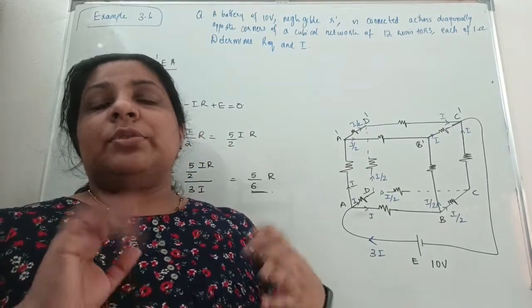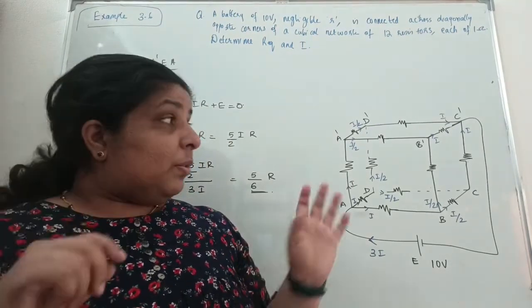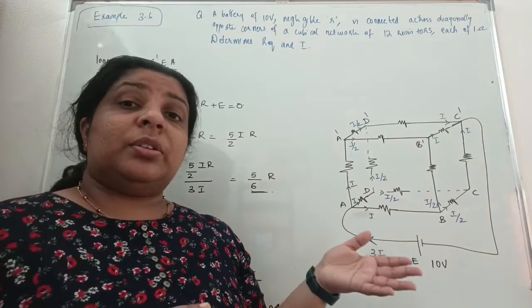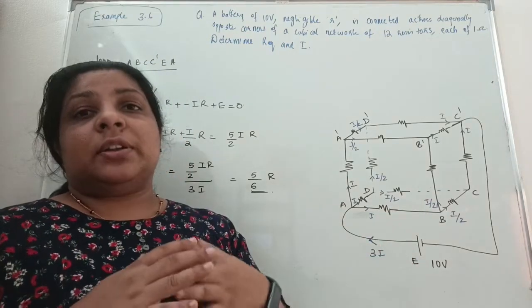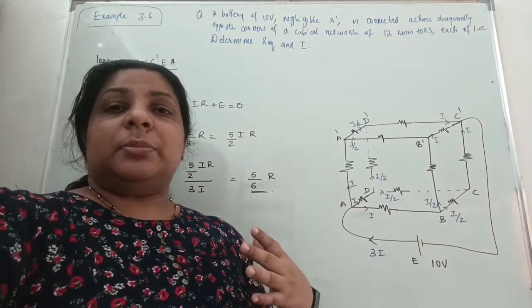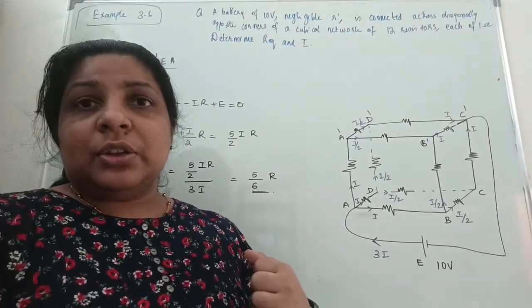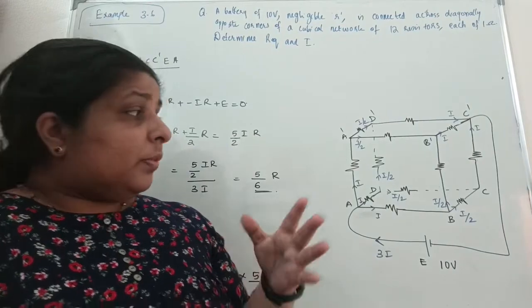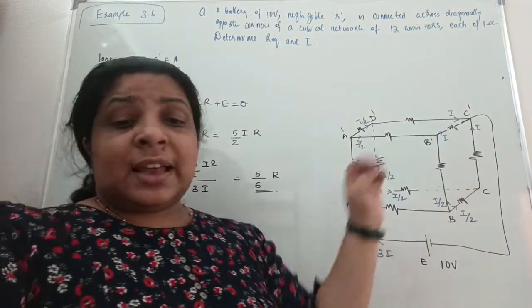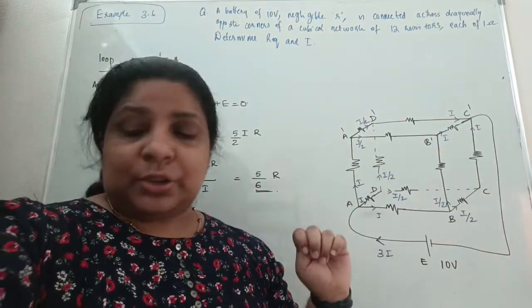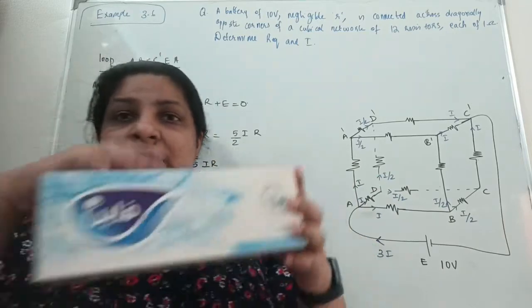Now we have to find the equivalent resistance. When you check this cuboidal shape, we cannot simplify it further. Whether it is series or parallel, it will not be possible. So we have to apply Kirchhoff's law here. When you check this A and C dash, this is actually the body diagonal of that cube. Just imagine this is a cube.